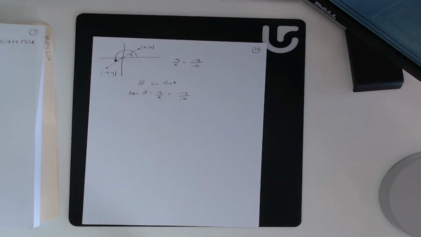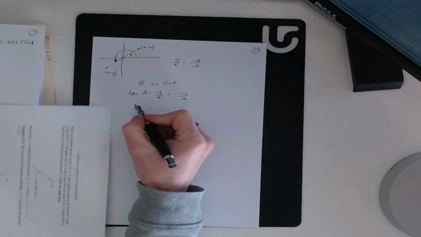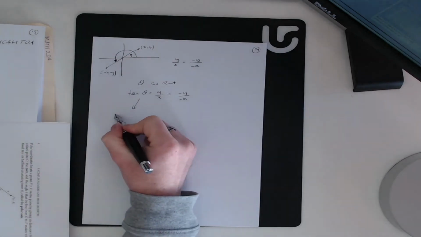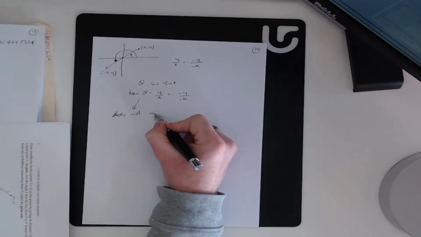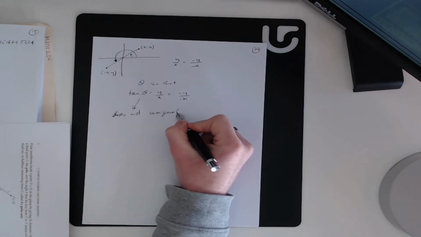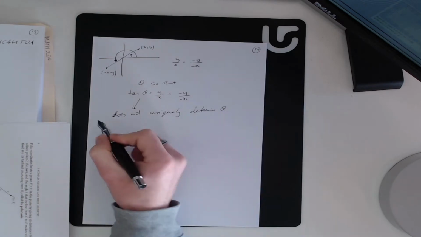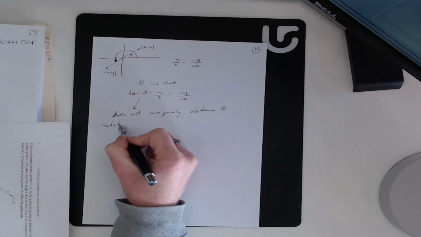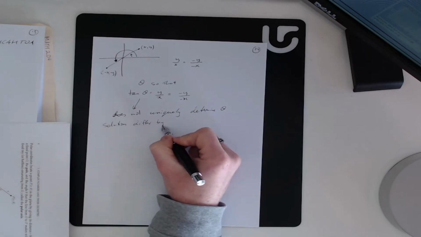So let me say a little more about that, because basically theta is not uniquely determined. The missing information. So what should I say? This does not uniquely determine theta. Solutions differ by pi.